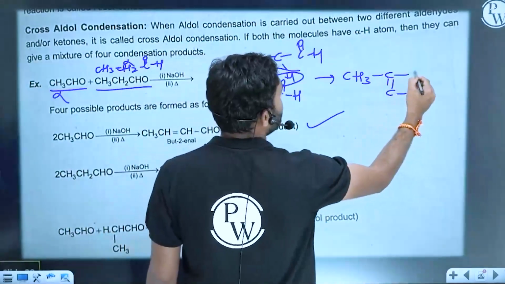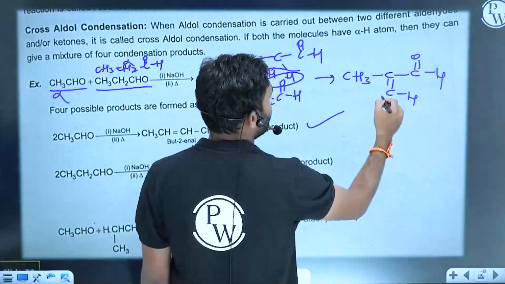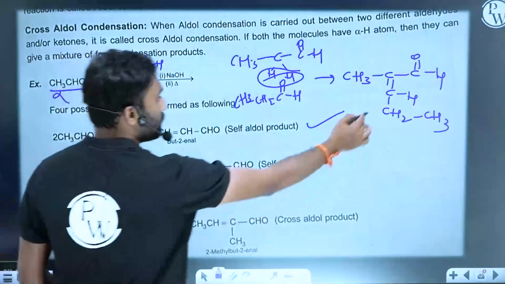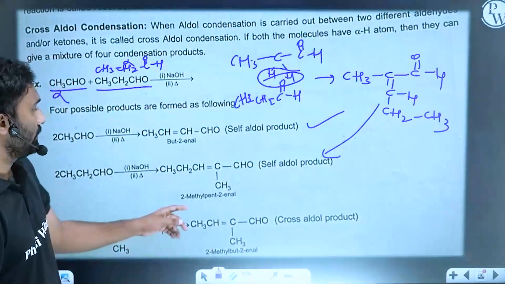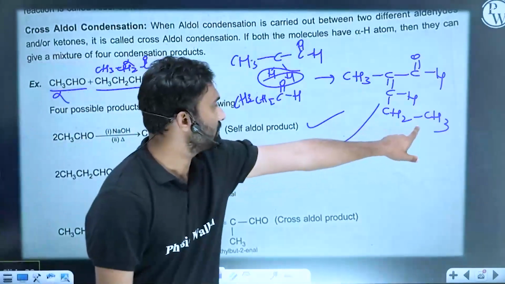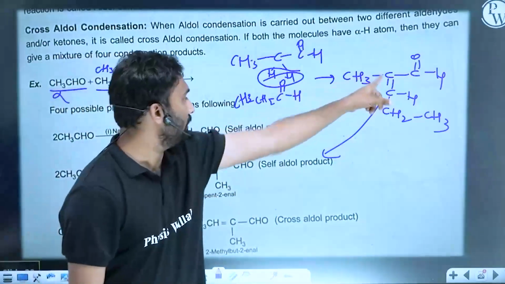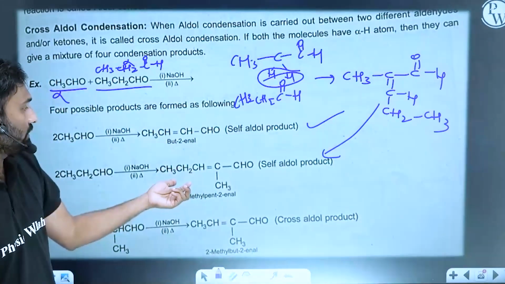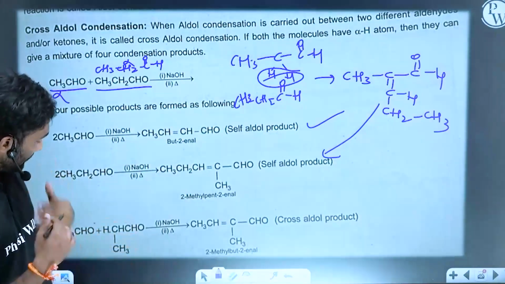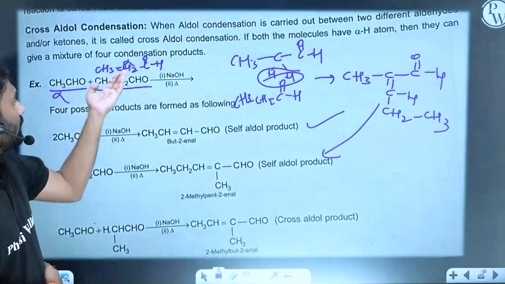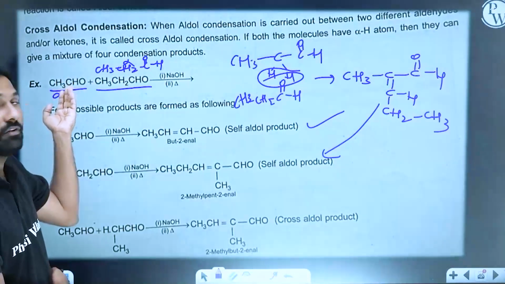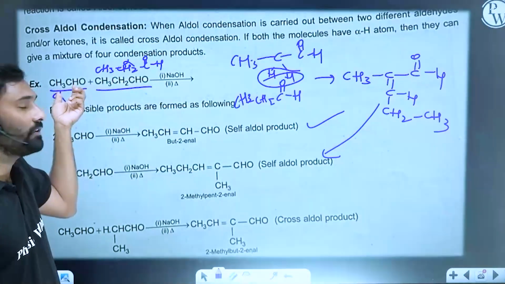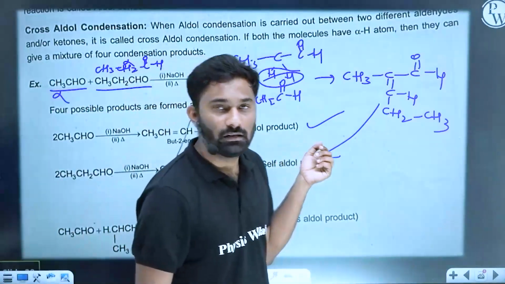Now here C double bond H, and here CH2 CH3. Look here, same product: CH3 CH2 CH double bond, now CH3 CH2. Okay, clear? Now this is a self aldol, this is also a self aldol. Next, cross aldol: here it has alpha hydrogens, and here it also has alpha hydrogens. From one reactant oxygen will be eliminated, and from one reactant hydrogens will be eliminated. Clear?